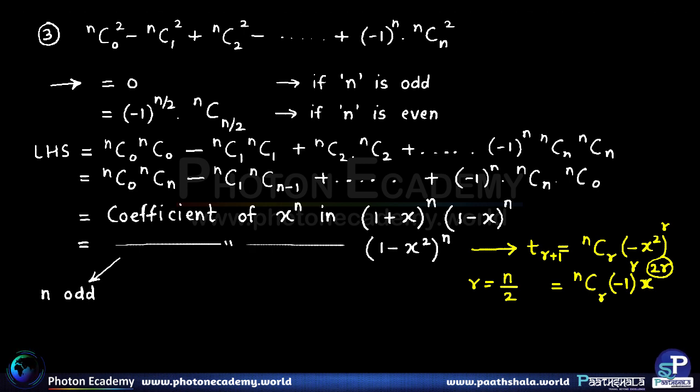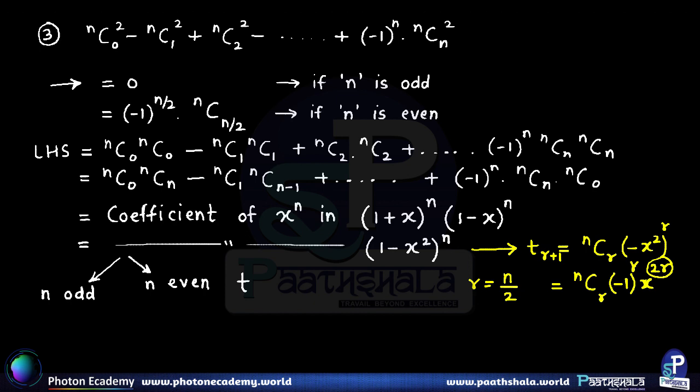Whereas if n is even, okay, then we have the general term as T(r plus 1), which is nothing but T(n by 2 plus 1) equal to nC(n by 2).